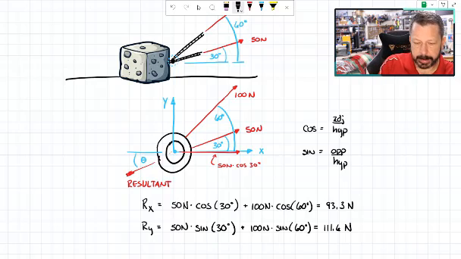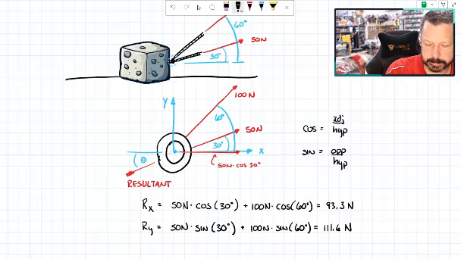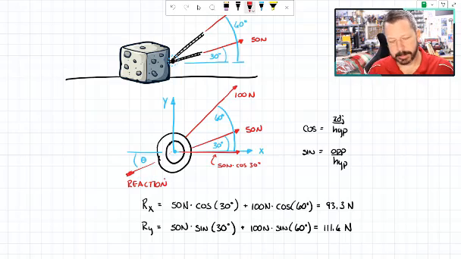Now, when I drew my picture up here, I drew the resultant going to the left and downwards. I probably shouldn't have said that was the resultant, now that I think about it. That should be the reaction. It's the opposite of the resultant, so the same magnitude but opposite direction.